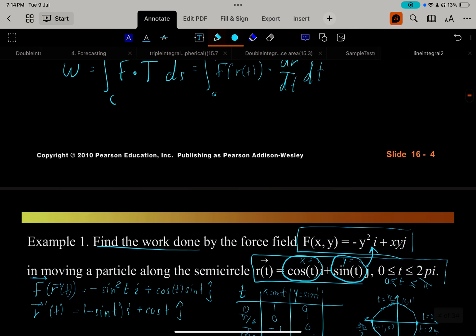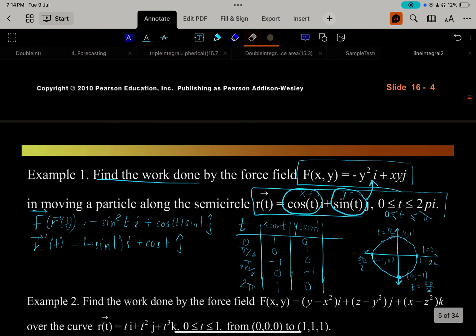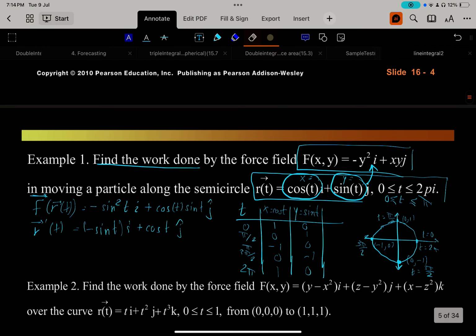Now this is our derivative, and basically let's just do F of r of t dot r prime of t, which is basically multiplying the i's and adding it to multiplying the j's. So multiplying the i's gives us minus minus is plus sine cubed of t, and here is just plus cosine squared t sine of t.